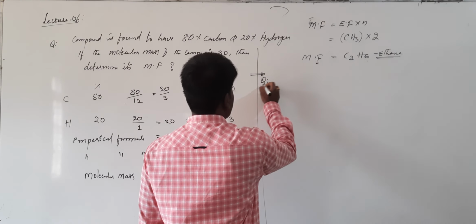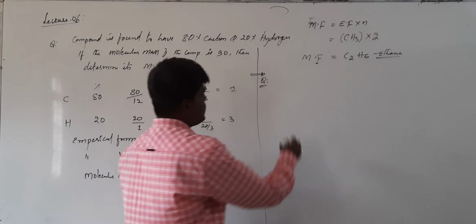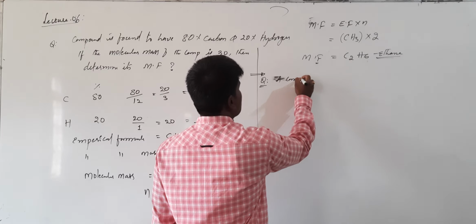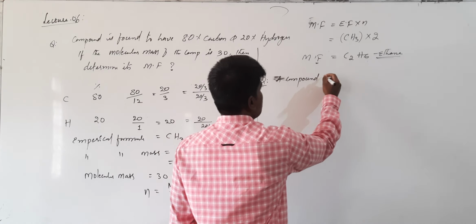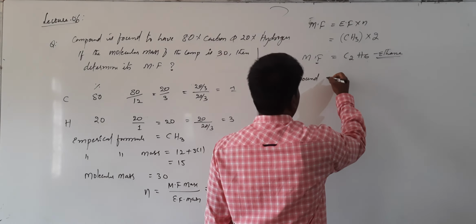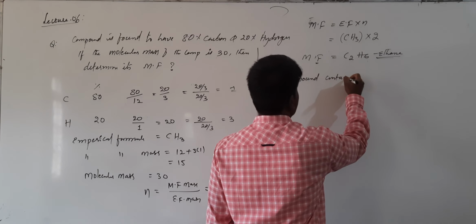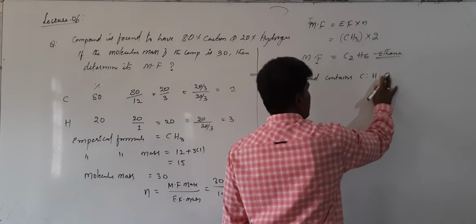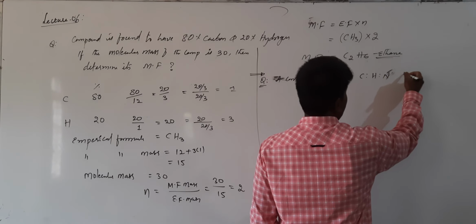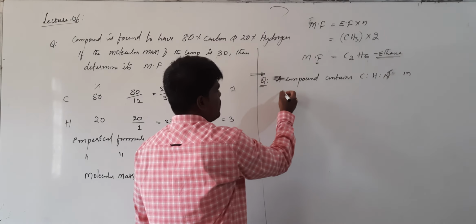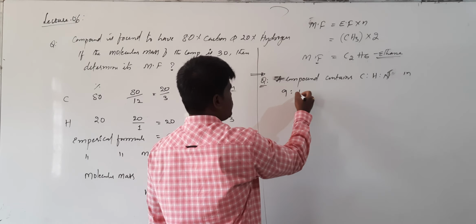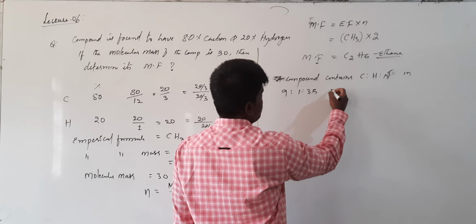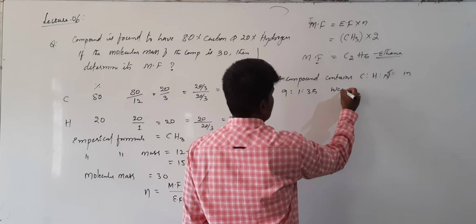Now, let us see. Assume that a compound contains carbon, hydrogen and nitrogen in 9:1:3.5 weight ratio.